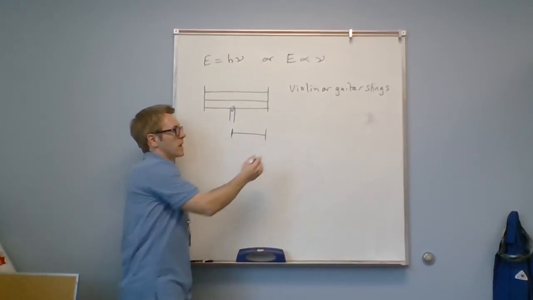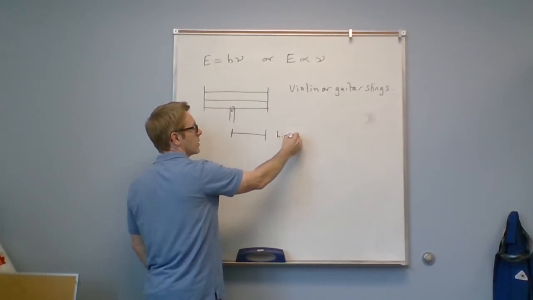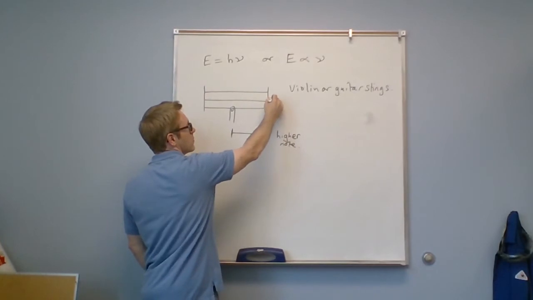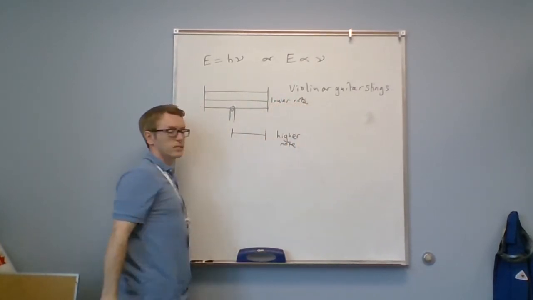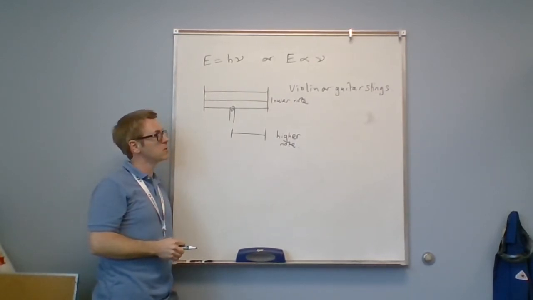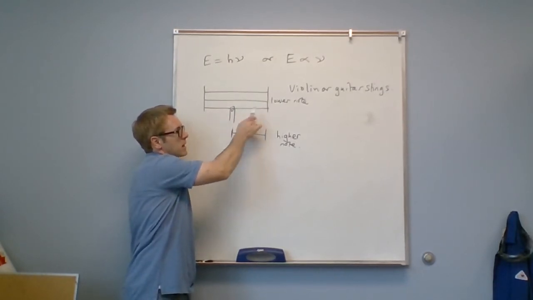That bottom string would be a higher note than the original lower note. Again, we're just considering plucking a string in a musical instrument. If you put your finger in the middle here, you would effectively make it shorter.